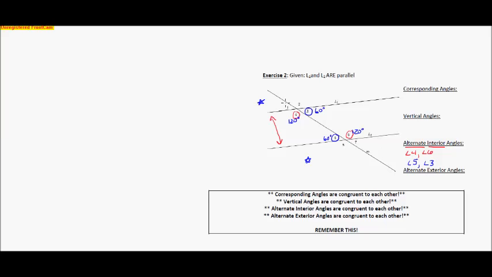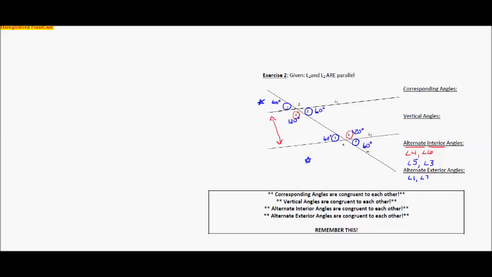If I started here at 1, I want to alternate across the transversal and stay on the exterior. That would match up with this one. So angle 1 and angle 7 would be a pair of alternate exterior angles. And again we can say if this was 60, then the alternate exterior angle, its pair, would also be 60. Notice these two are also vertical, so they're the same.